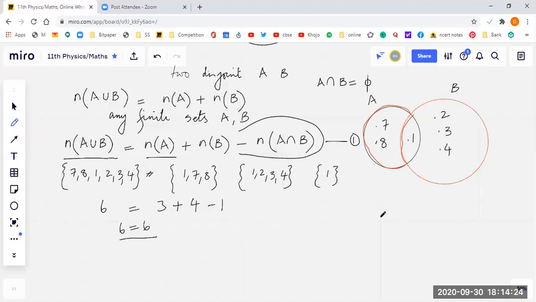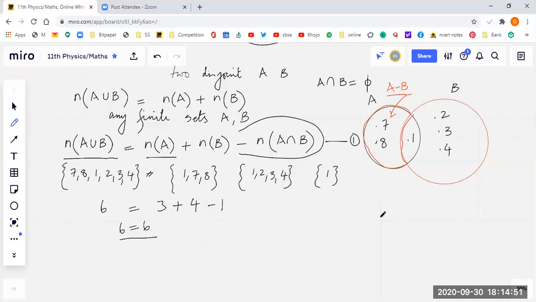Anyone out of you? What is this set, marked with red line? So this set is basically A minus B. Do you agree? Because the elements belong to A, but they don't belong to B. One belongs to B, I have not taken this. Only two elements I have taken.